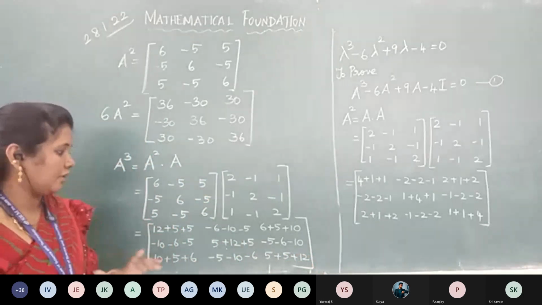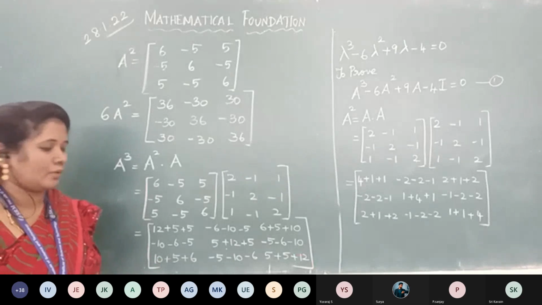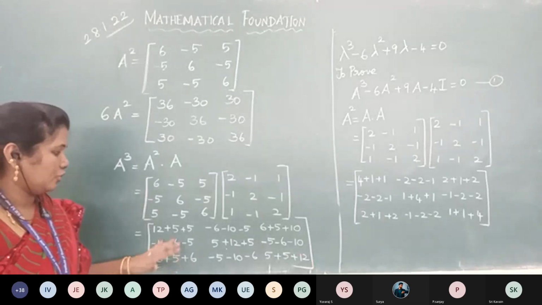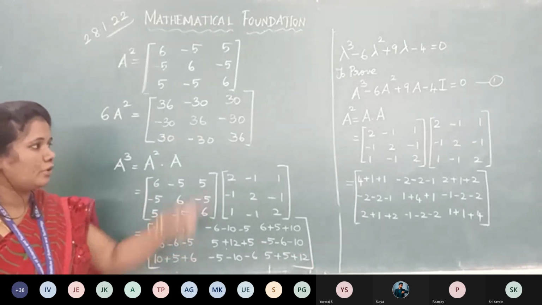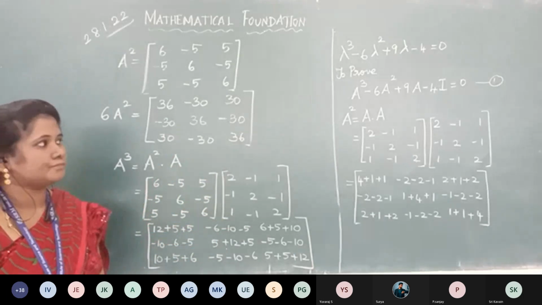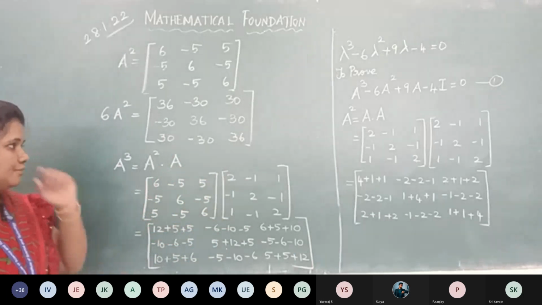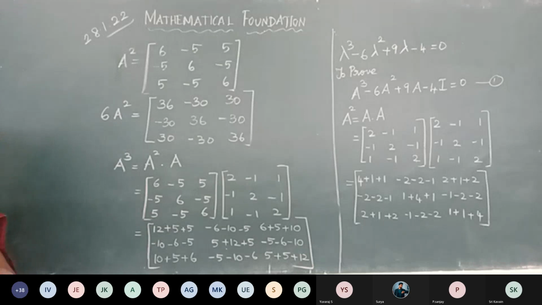Be very careful when you're doing the multiplication. After that, you add it. Have you all written that side? Find out your A cube. I will write it this way because here I've got space.